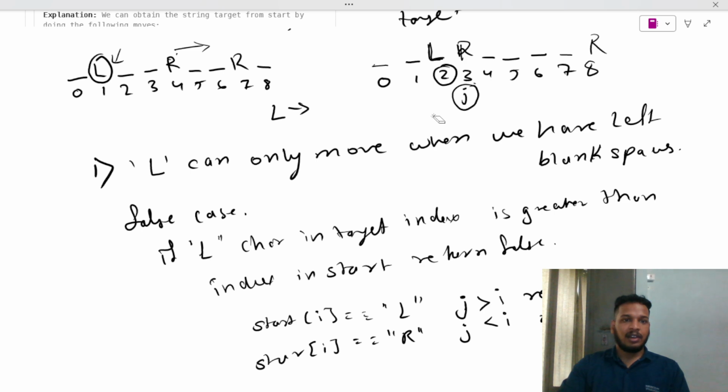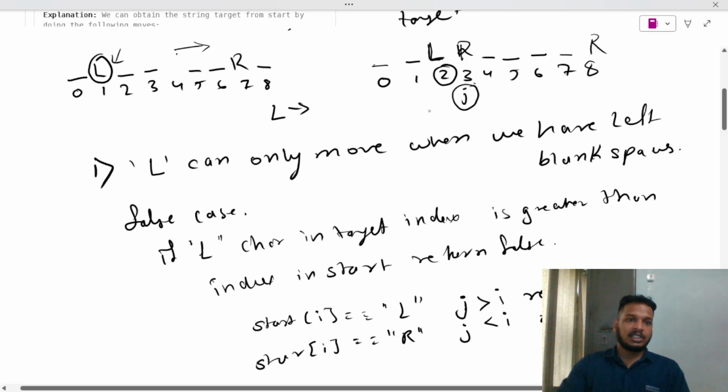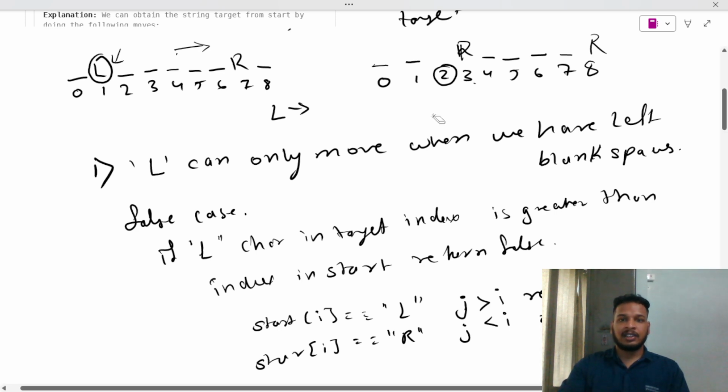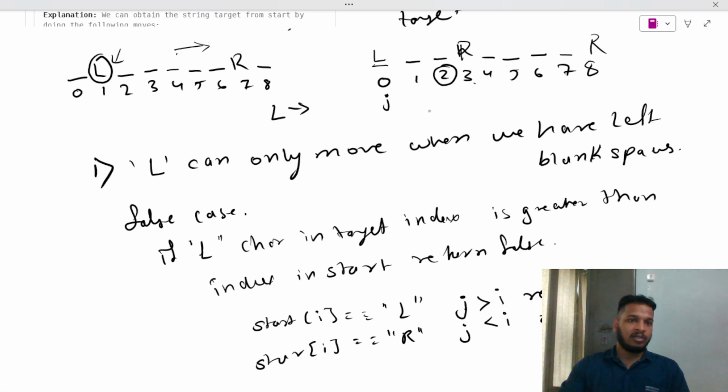Now consider this thing, like here we have R. Consider if I make the string equal to that left, I is over here and J is on the correct position.